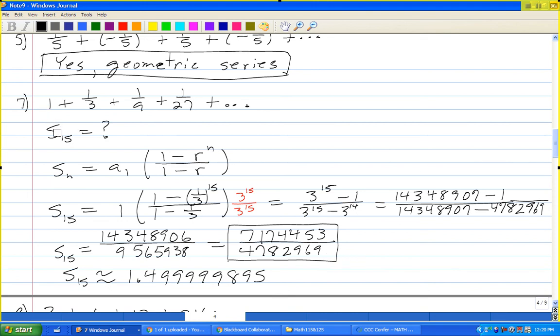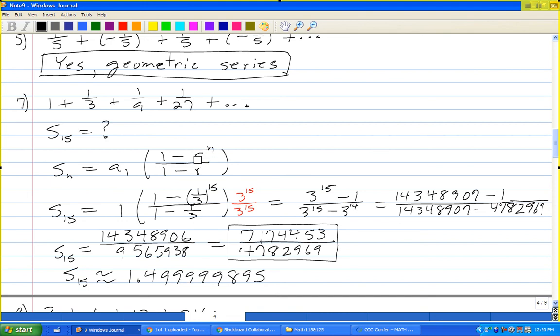Suppose I say, well, add up the first 100 terms. What you'll notice is that the last few terms keep getting smaller and smaller and smaller, and so they become relatively insignificant. So it could be that if I add them all up, maybe it comes out to some nice number. The sum of the first 15 terms is 1.499. If you add up the first 100 terms, it's probably 1.4999. And so if you add up every term, maybe it approaches some nice number.